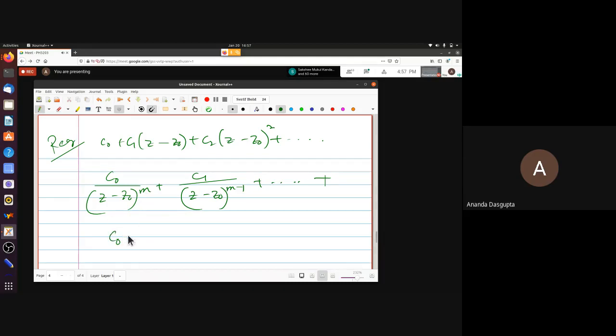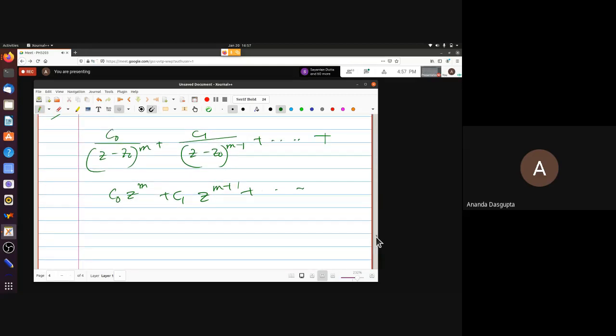If, on the other hand, you have a function which looks like this, and m is a fractional number or a complex number, not an integer, then this is a branch point. That is, z equal to 0 is a branch point. I'm just not bothering to write z minus z0 everywhere.